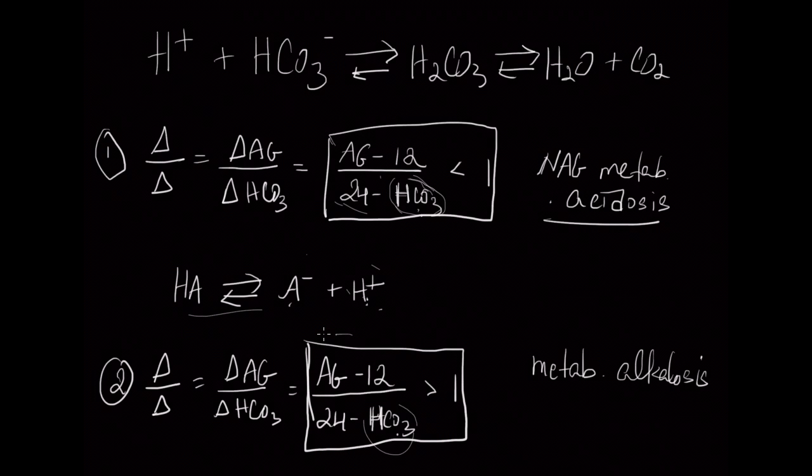So that's the metabolic alkaloses that are superimposed, like for example being volume depleted. And so we use the delta-delta to determine if there's any superimposition of an acidosis, a non-anion gap acidosis or a metabolic alkalosis on top of an anion gap metabolic acidosis.